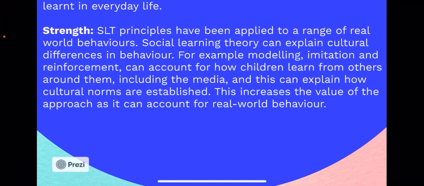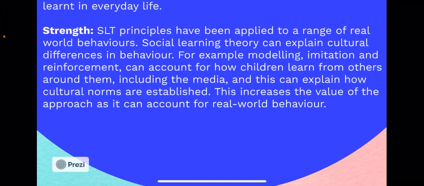For example, modelling, imitation, and reinforcement can account for how children learn from others around them, including the media, and this can explain how cultural norms are established. This increases the value of the approach as it can account for real-world behaviour. So we can use the approach in everyday life to explain how children learn behaviour.